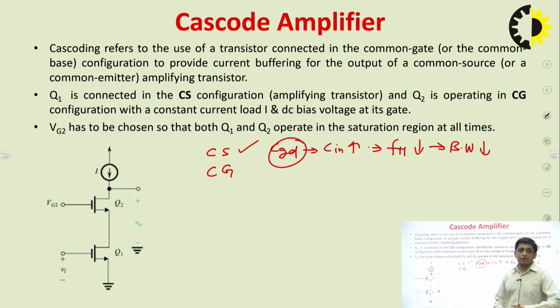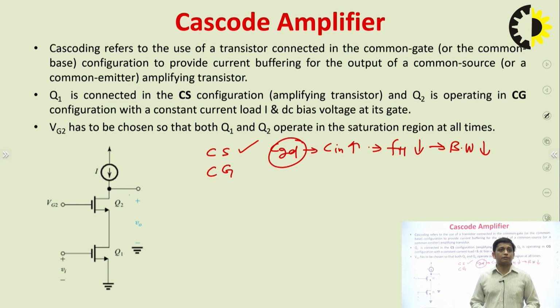That is called Miller effect. So in common source amplifier there is Miller effect, and due to this Miller effect the bandwidth of the amplifier is reduced. That's why we don't use common source amplifier for high frequency applications, because of this Miller effect.